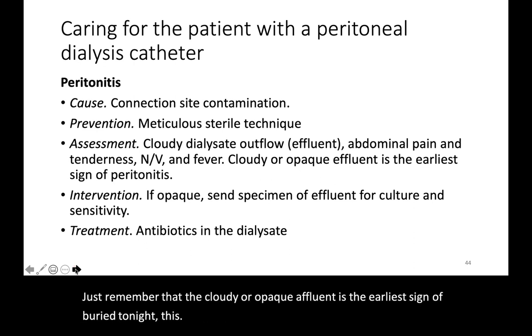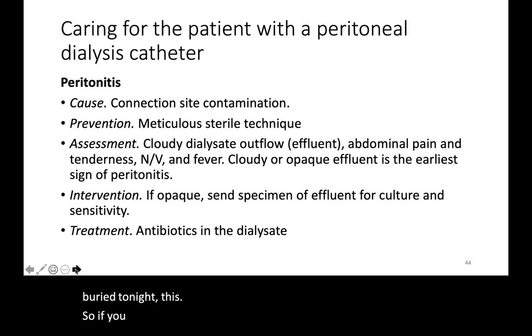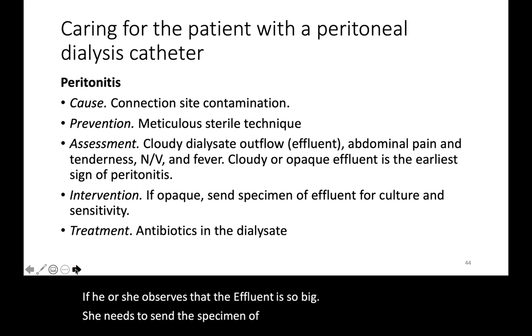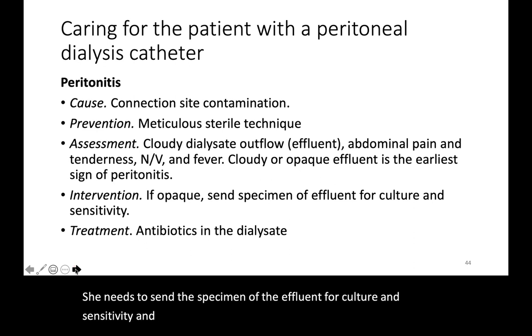So if you see that it's opaque, you need to send a specimen of the effluent for culture and sensitivity. Or you need to educate your client that if he or she observes that the effluent is opaque, she needs to send a specimen of the effluent for culture and sensitivity. And the treatment is, of course, antibiotics in the dialysate.